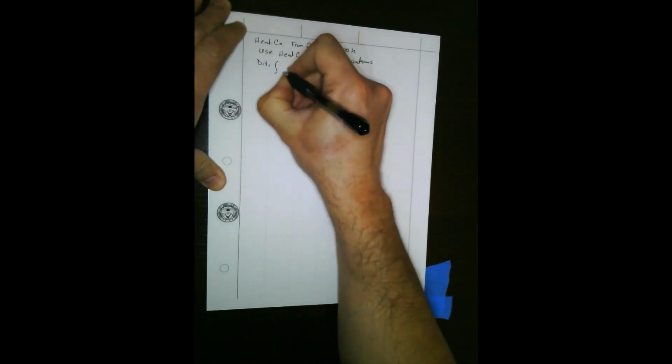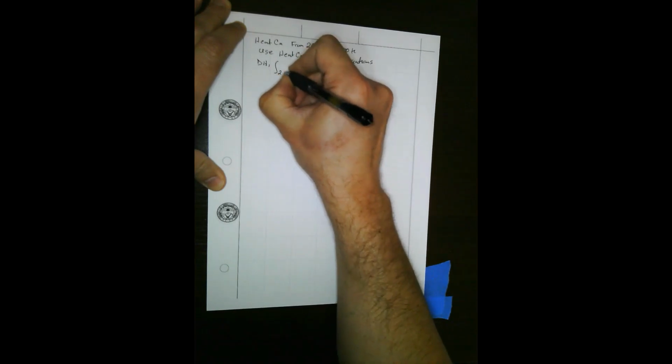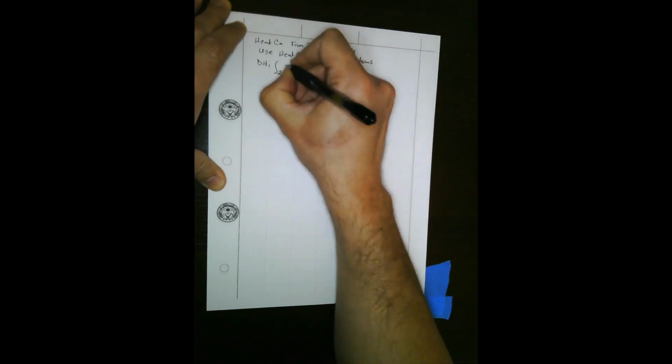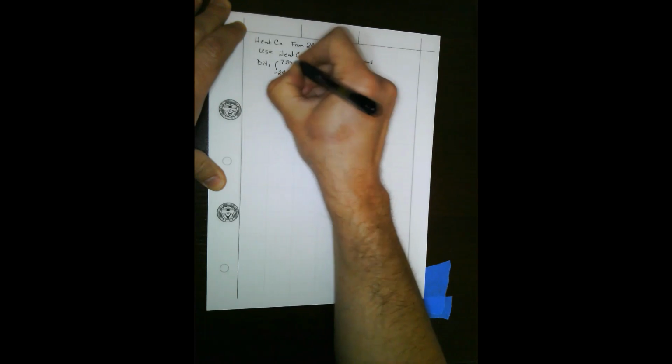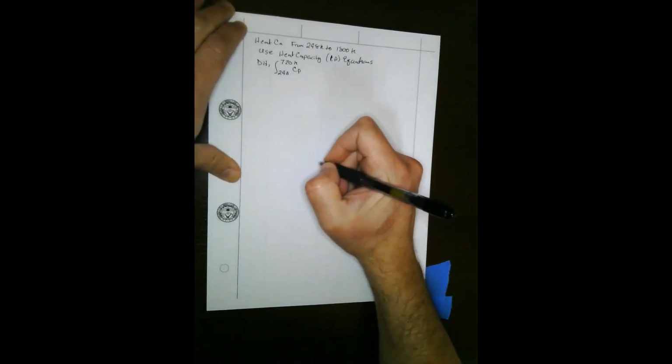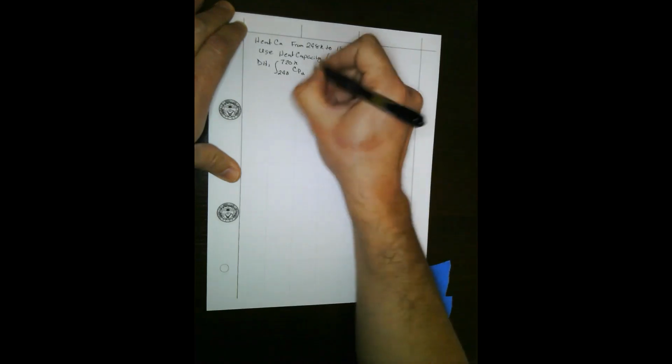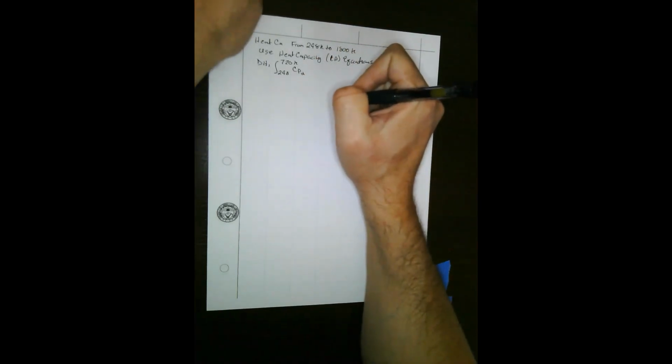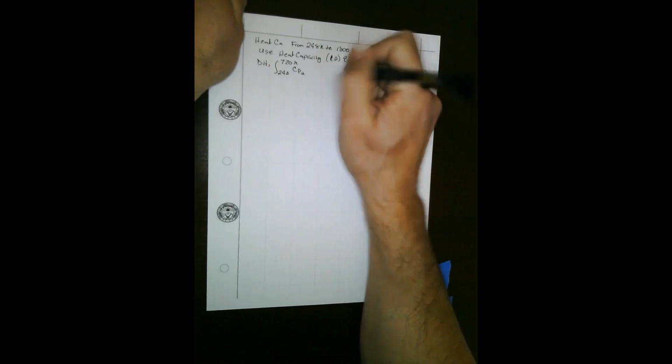So delta H1 is the integral from 298 to 720K of the heat capacity equation, and we're in alpha mode here, so the primary phase of calcium, dT, with respect to temperature.